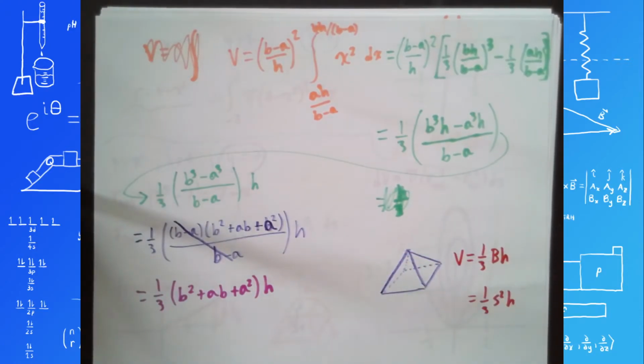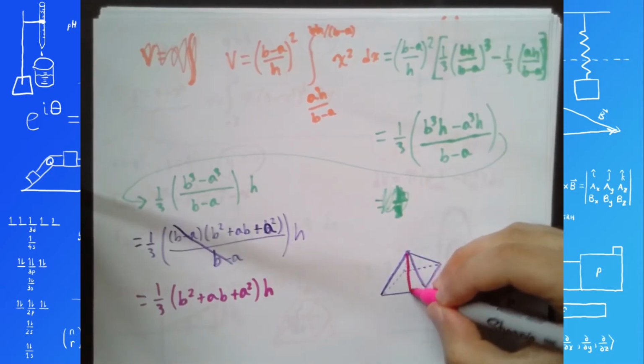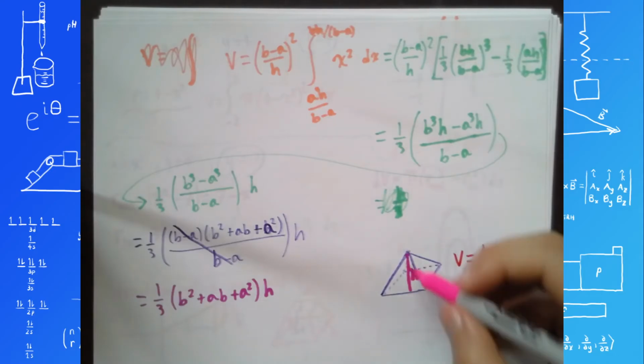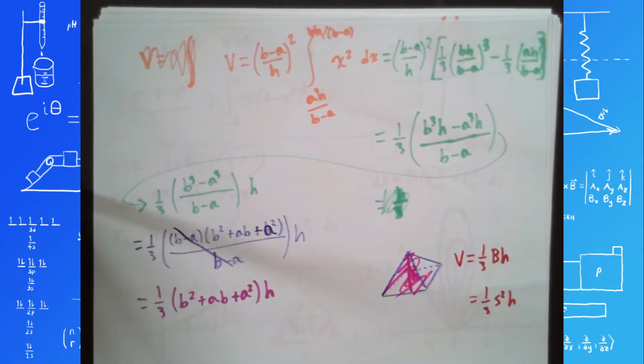Okay, that's what was bothering me, because I was thinking if this is h, then that would be bigger than the volume of a normal pyramid. But yeah, this h and this h are not the same. So 1/3 B squared plus AB plus A squared, times h, of course. That's our frustum or pyramid frustum volume.